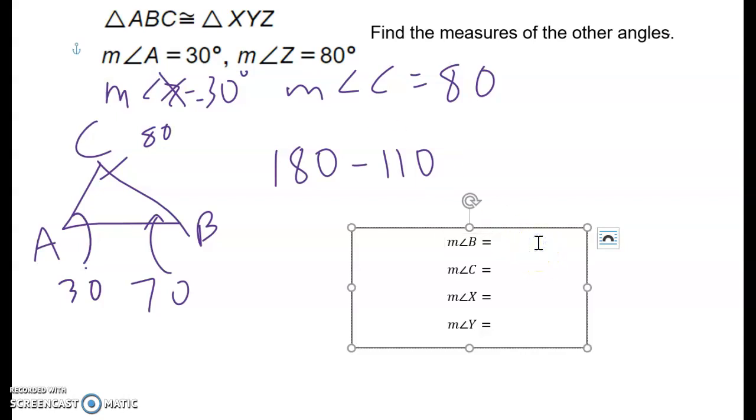So what is the measure of angle B? We determined that's 70 degrees. Angle C, that's 80 degrees. Angle X is the same as angle A, so that would be 30 degrees.